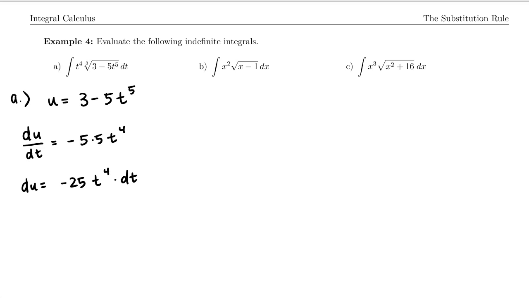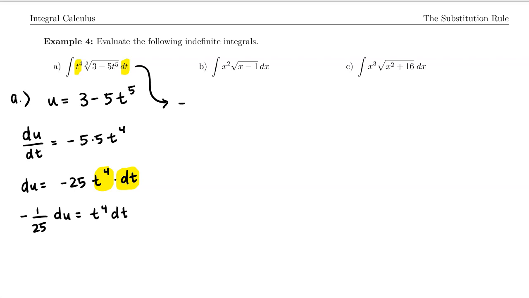Notice that t to the fourth times dt appears here and here. I don't really have that negative 25, but I could divide both sides by negative 25, and that gives me negative 1 over 25 times du is equal to t to the fourth times dt. That's something we can substitute into our original integral.